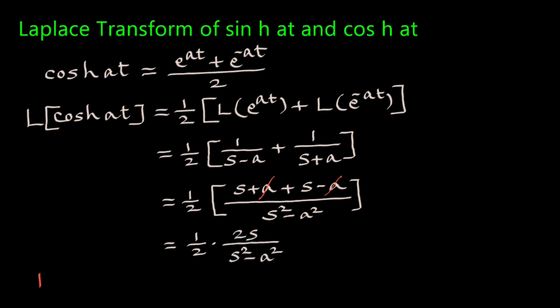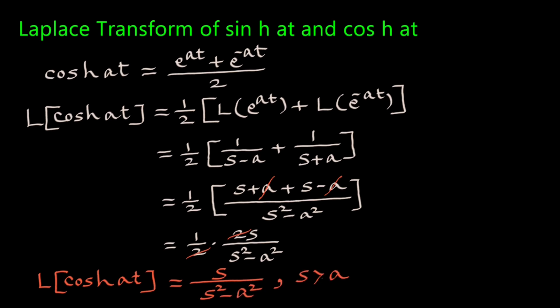So we get Laplace transform of cosh at to be, cancelling 2, s upon s square minus a square, where s is greater than a.